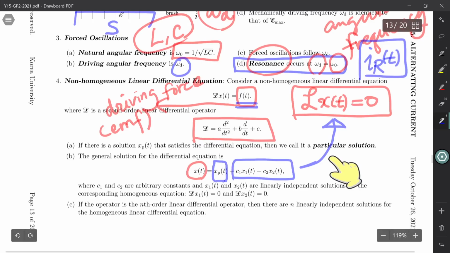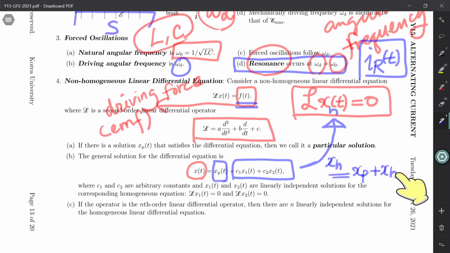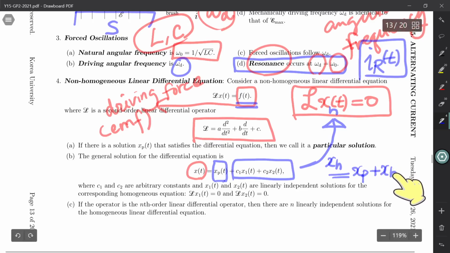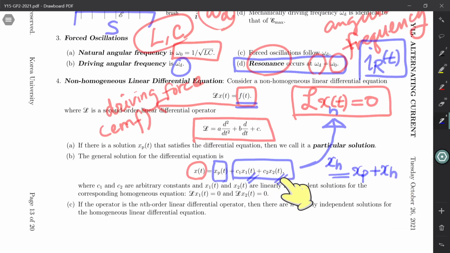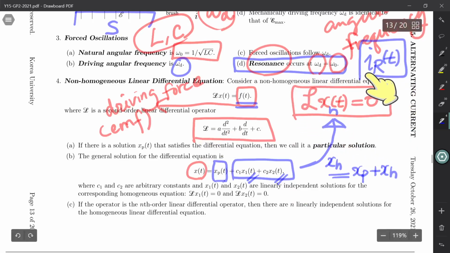So xh is the solution of this, and x of t is the sum of particular solution plus general solution for the homogeneous equation, and general solution for the homogeneous equation is the linear combination of the two linearly independent solutions for the homogeneous equation.